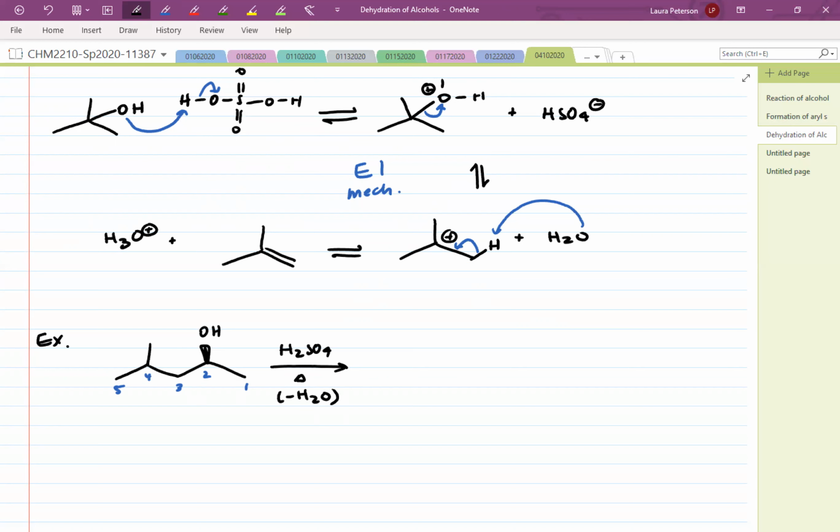So which one of those would be the preferred alkene? The preferred alkene in this case would be that di-substituted alkene. So we're following Zaitsev's rule. Let's just make a note that it's regioselective and it follows Zaitsev's rule.